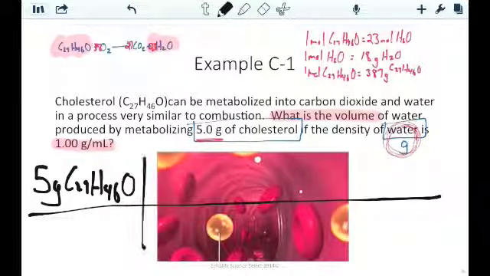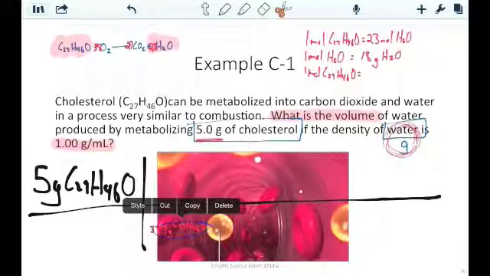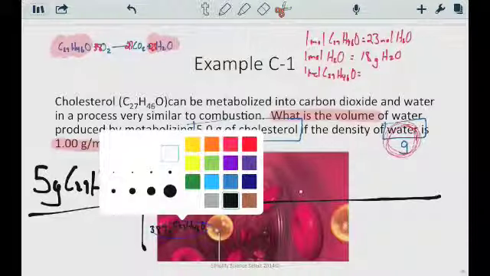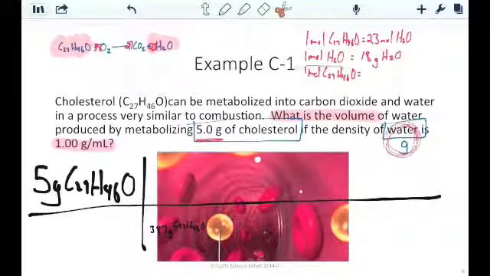We'll probably use that much space. We see we're starting with grams, so we have to go from grams to moles. Well, we use molar mass for that. So we put that guy on the bottom, there's our conversion factor, and put the other half of it on the top.